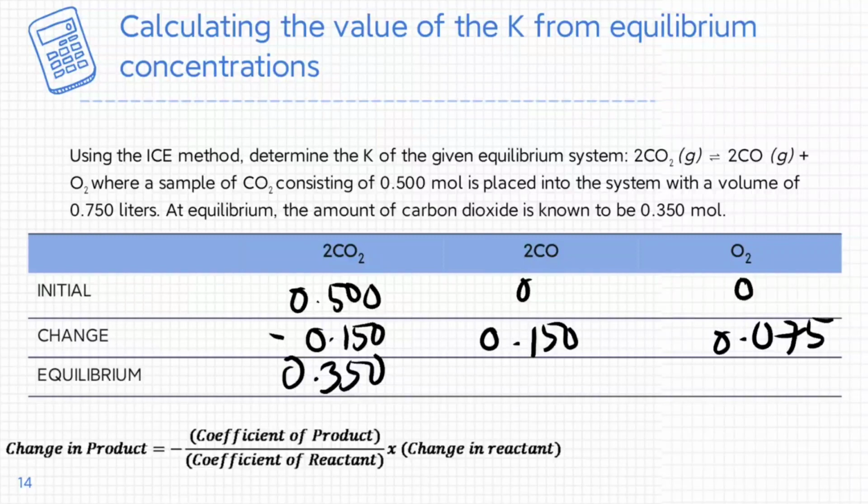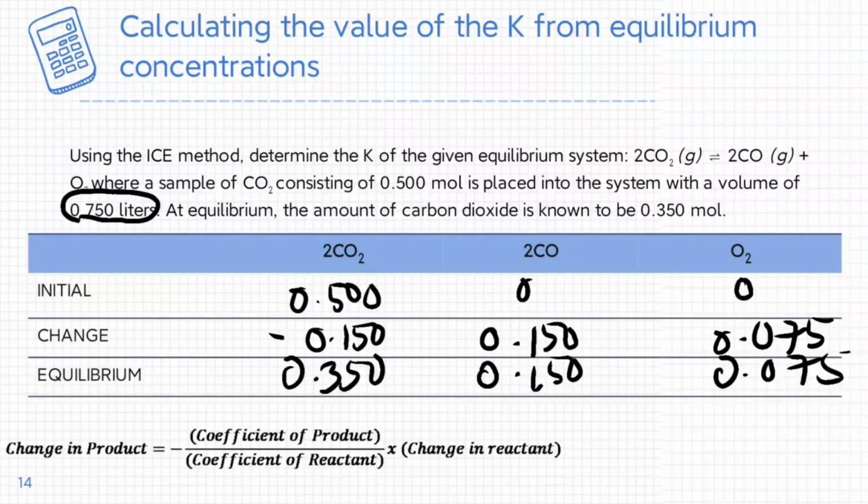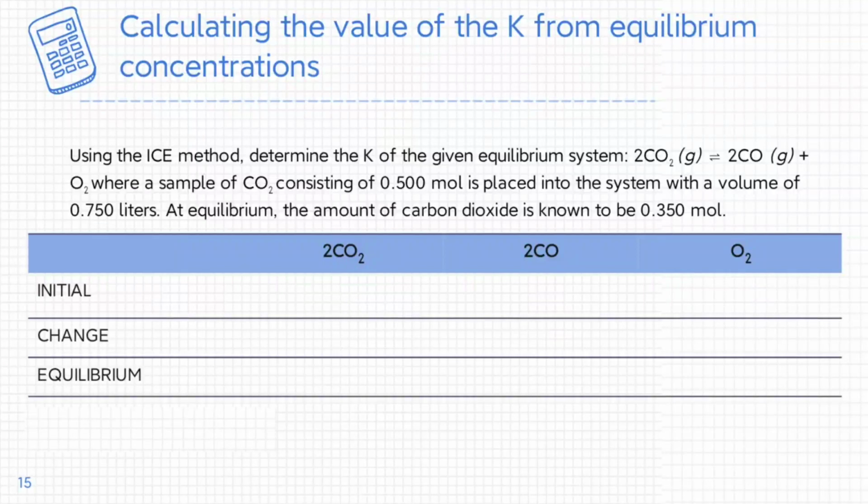Pag-add mo lang, you'll get 0.150 and then 0.075. So, the next step would be, we will now utilize itong volume of the system to compute for the equilibrium concentration for each compound. Okay?